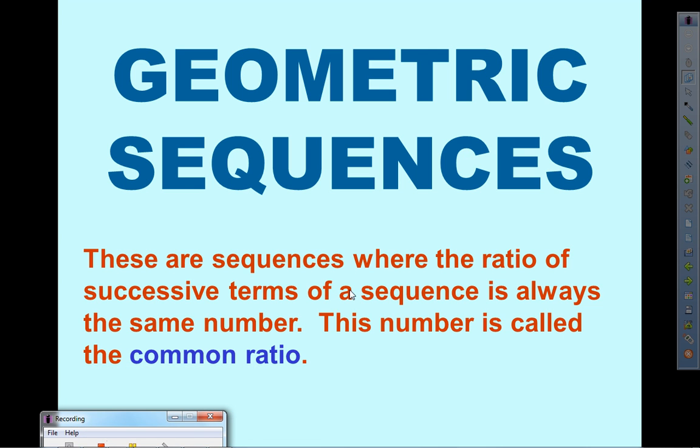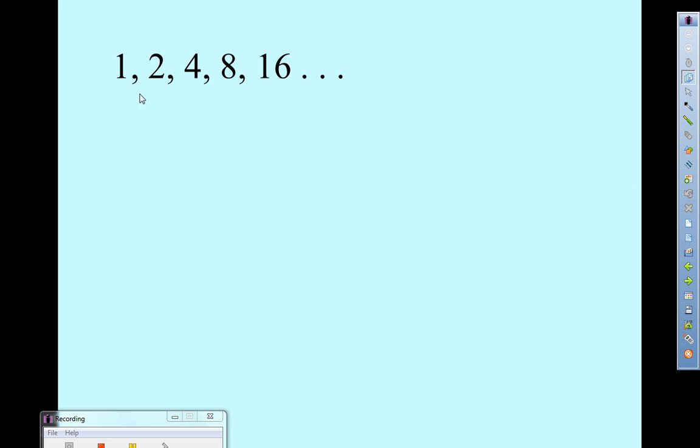The common ratio is what you multiply times the term in front to get the next term. So these are sequences where the ratio of the successive terms is always the same number. This is called a common ratio. So again, whereas we had a common difference in arithmetic, we have a common ratio in geometric sequences.